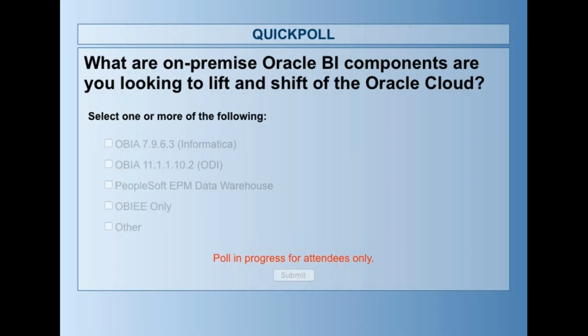Since OBIA is going to be installed on the Oracle Compute Cloud, it requires OBIA, ODI, and OBIE be installed for that. So you're still going to need to keep your on-premise license for OBIA, including OBIE and ODI, in that configuration.